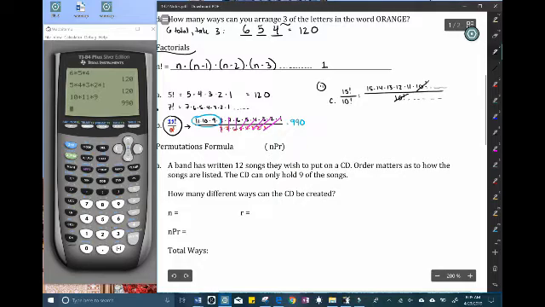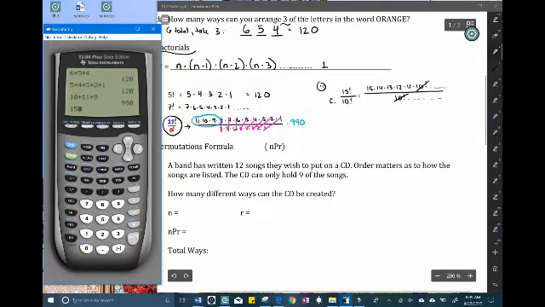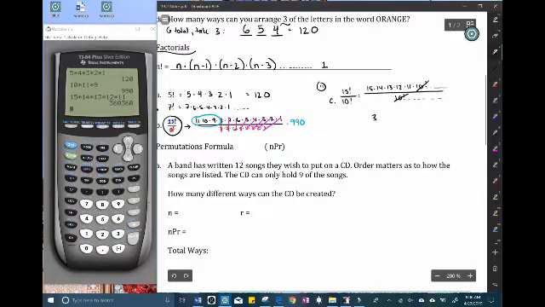Essentially, those would cancel. 15 times 14 times 13 times 12 times 11 gives you 360,360. If you got that number, you're on the right track.